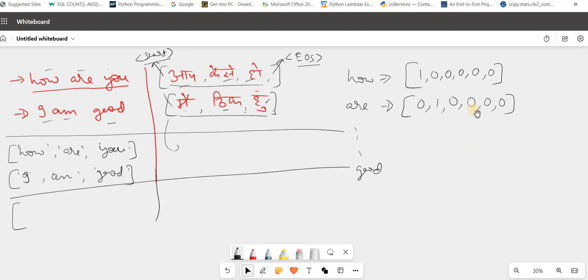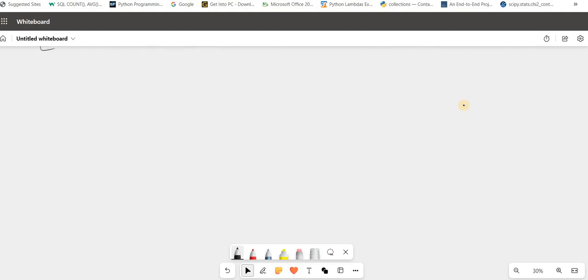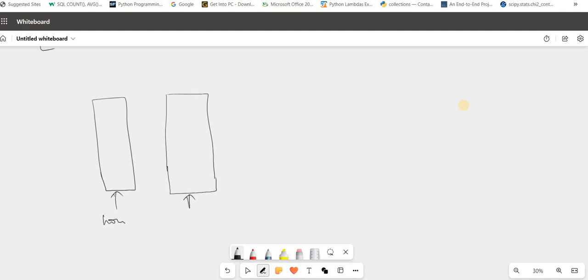Now, to the algorithm, if I just put here the encoder. So the first time, what will go? Not how, actually this vector will go.